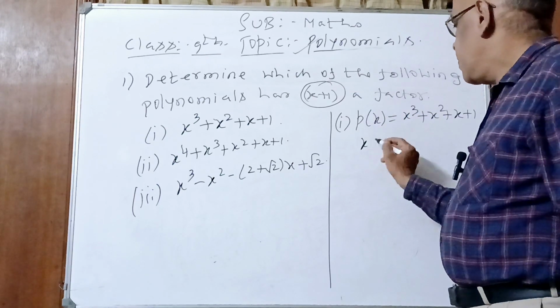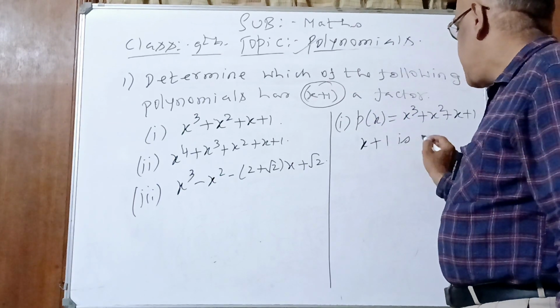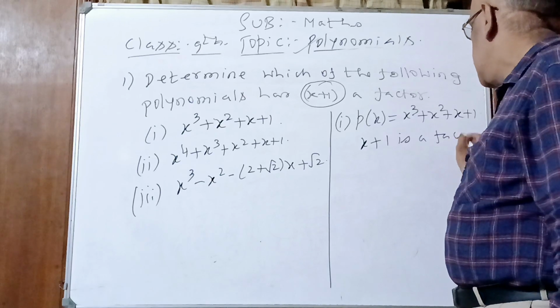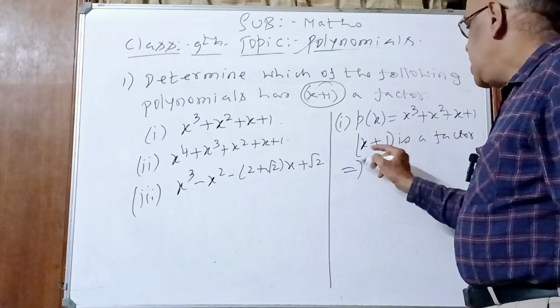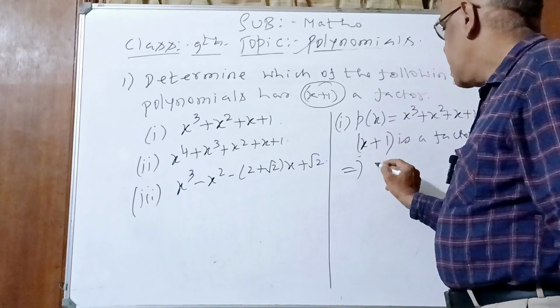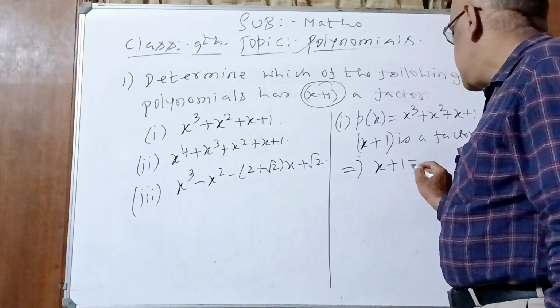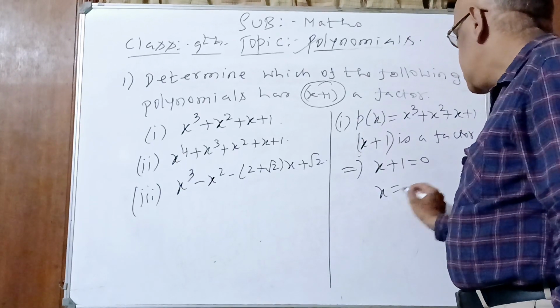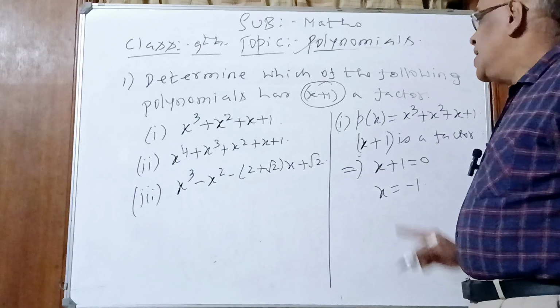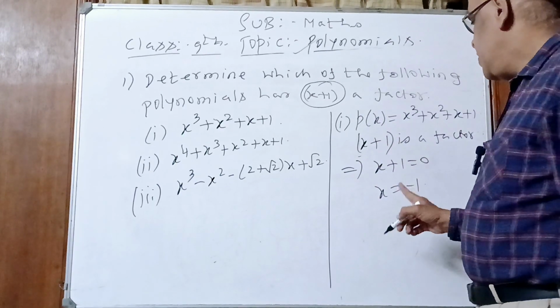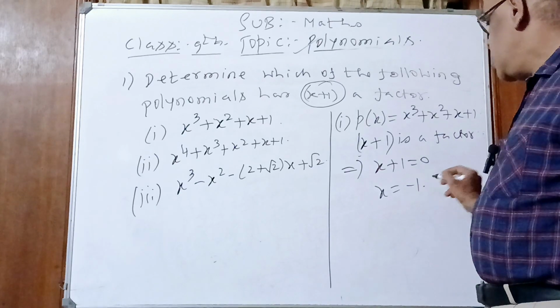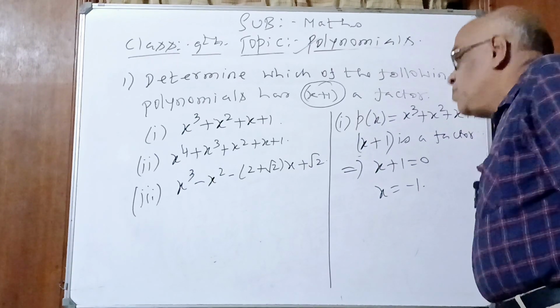If x plus 1 is a factor, what does it imply? Equality to 0. X plus 1 is equal to 0, so x is equal to minus 1 is a 0 of this polynomial. Yes or no, children?